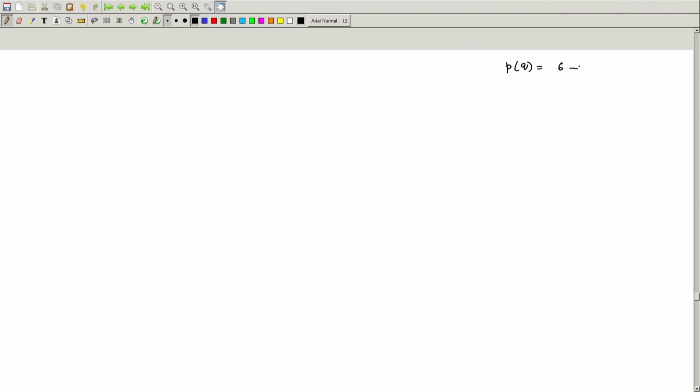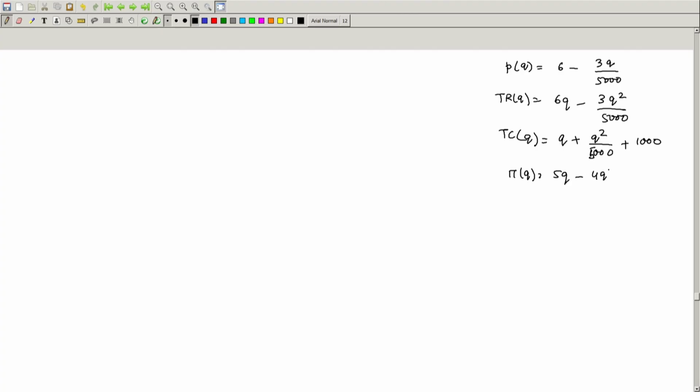The inverse demand is 6 minus 3Q by 5000, total revenue is 6Q minus 3Q square by 5000, total cost is Q plus Q square by 5000 plus 1000, and the profit is 5Q minus 4Q square by 5000 minus 1000.